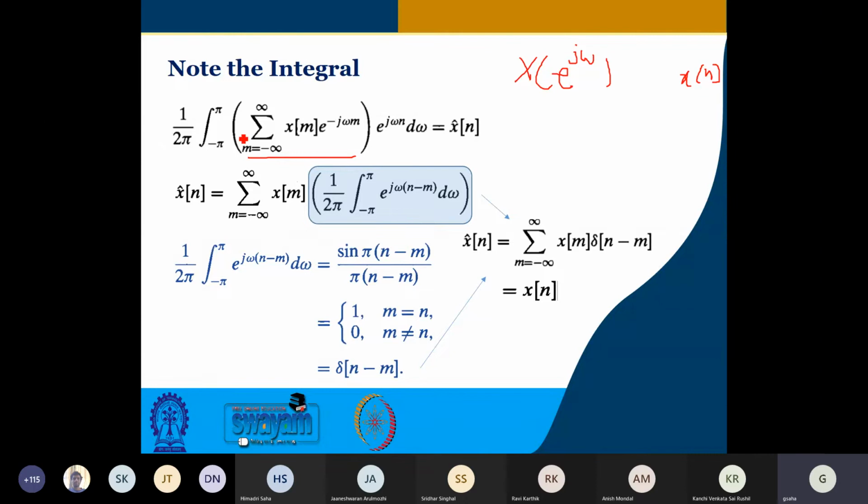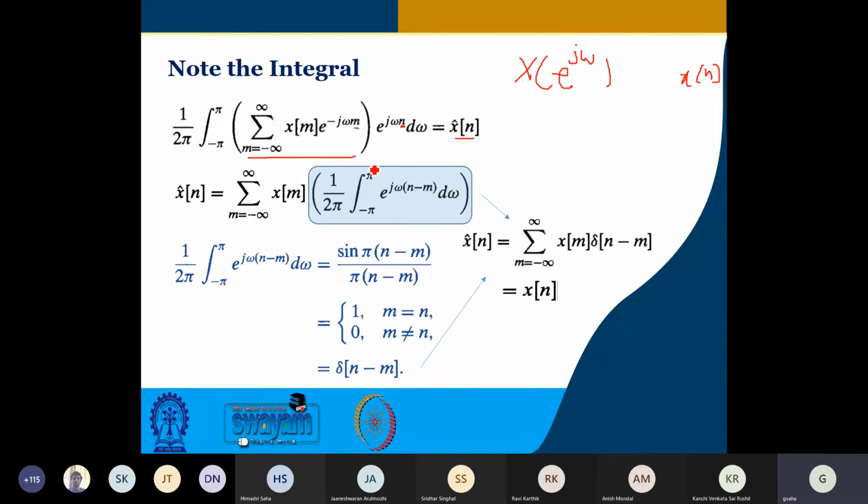From the definition, and in one of the previous classes we noted, in such cases we should not use the same indices. So this is m and this is n. And let us consider that this integral is generating not x[n] but some x cap [n]. Then we shall see whether x cap [n] is the same as x[n] or not. That is how you perform the proof.